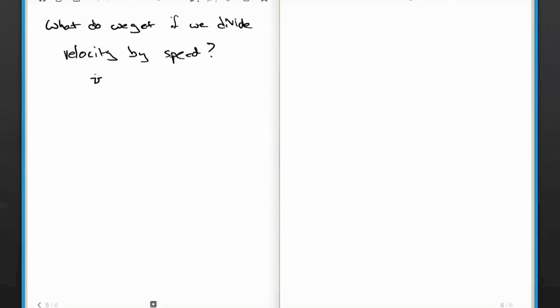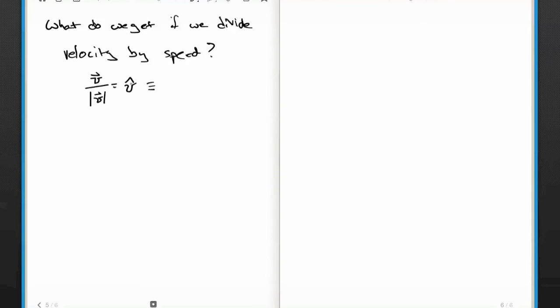That looks like the velocity vector divided by the magnitude of the velocity. Well, we know from previous work that this gives us a unit vector. We call it v hat. But we give that a special name because what this really gives us is the direction, a unit vector that's in the direction of motion.